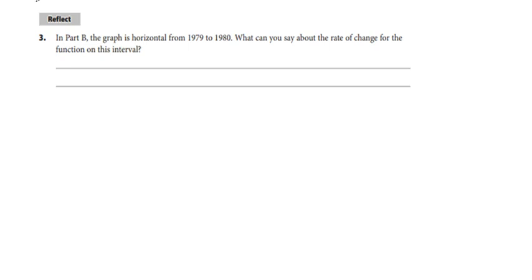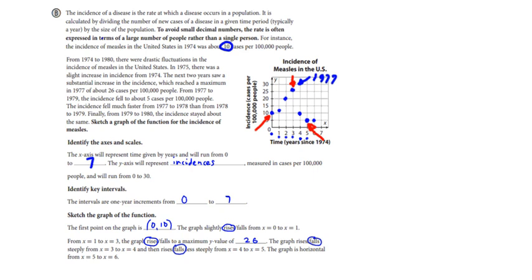In part B, the graph is horizontal from 1979 to 1980. What can you say about the rate of change for the function on this interval? Okay, let's look at this. We can do this like we did the other one. Remember we talked about f of b minus f of a over b minus a.